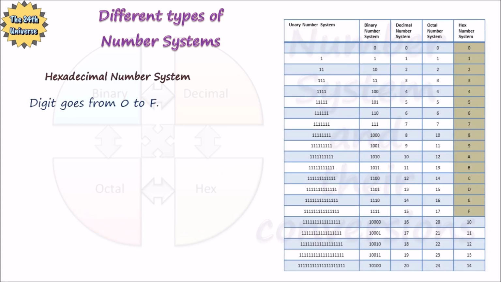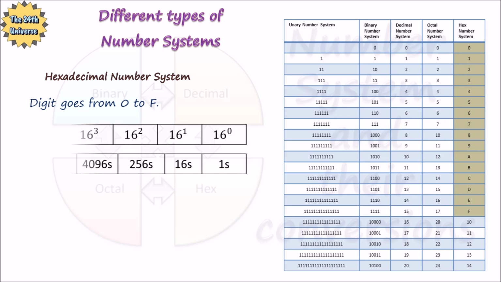Hexadecimal number system. In the hexadecimal number system, the digit goes from 0 to F, that is 0 to 9, and then from A to F, which represents 10 to 15. Counting upwards in hexadecimal sounds like 0, 1, 2, 3, 4, 5, 6, 7, 8, 9, A, B, C, D, E, F, 10, 11, 12, 13, 14, 15, 16, 17, 18, 19, 1A, 1B, 1C, 1D, 1E, 1F, and so on.